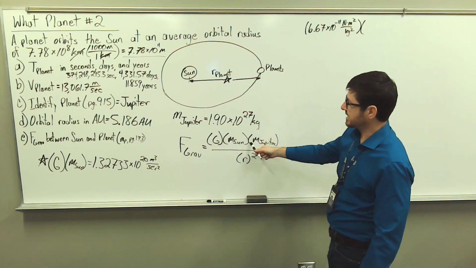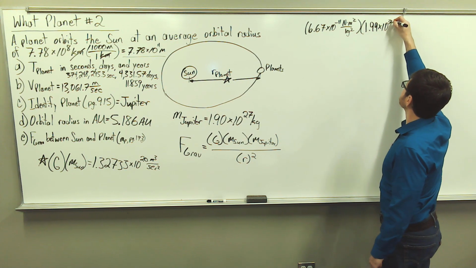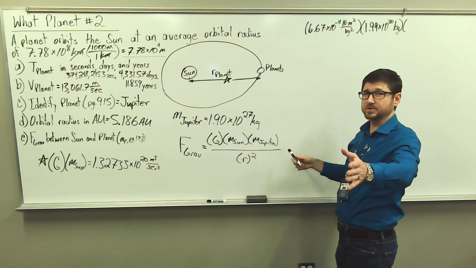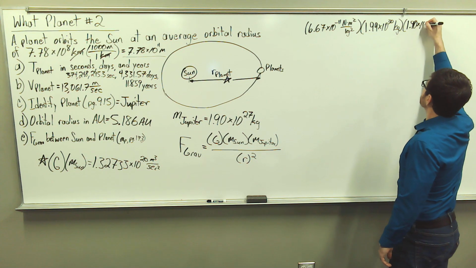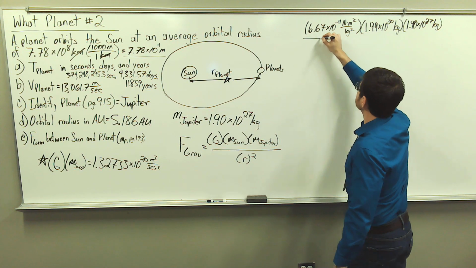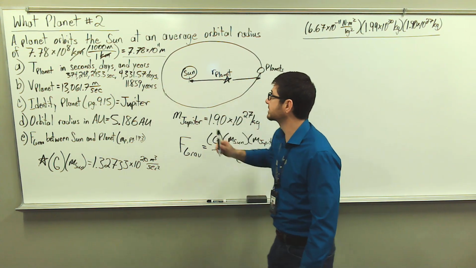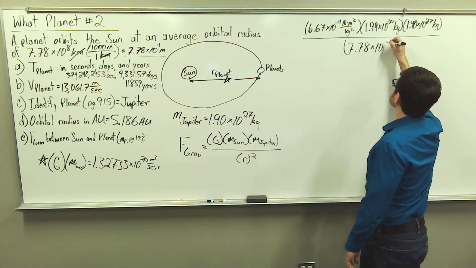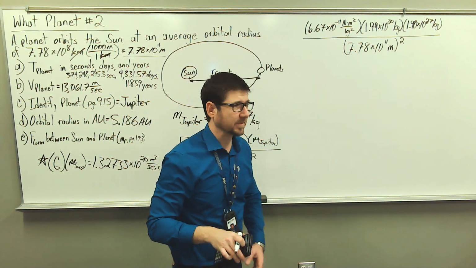We're going to multiply this by the mass of the Sun, which is 1.99 times 10 to the 30th kilograms. And then multiply that by the mass of Jupiter, and we just looked that value up, 1.90 times 10 to the 27th kilograms, divided by, here we performed the dimensional analysis earlier, 7.78 times 10 to the 11th meters, and we're going to square that value, okay?